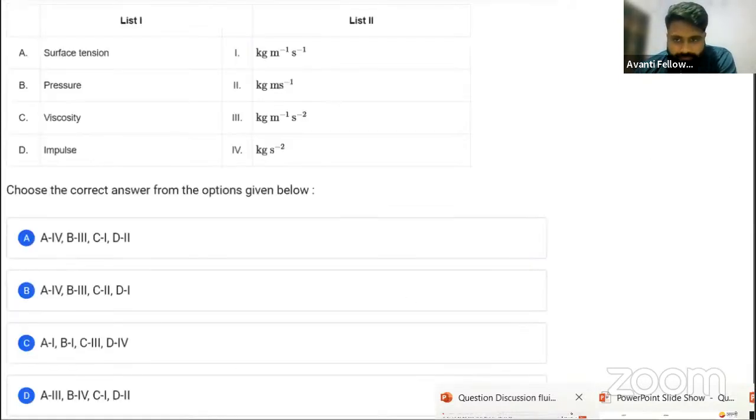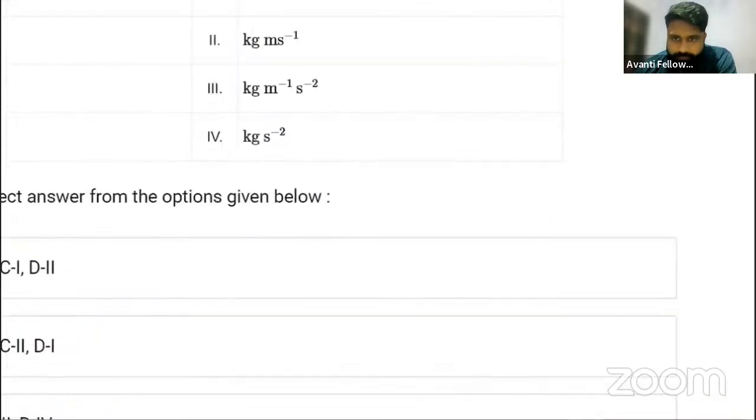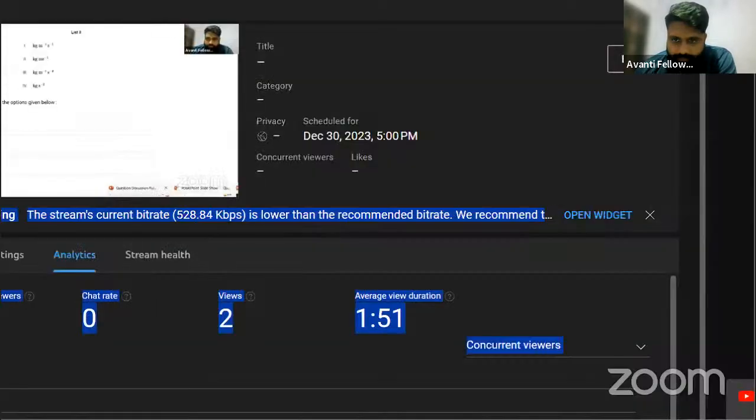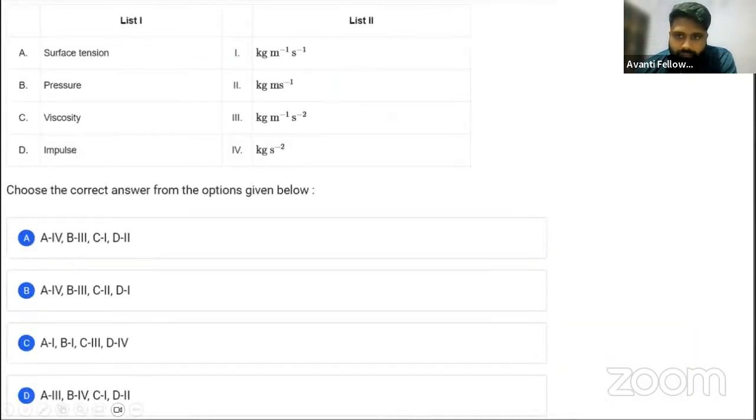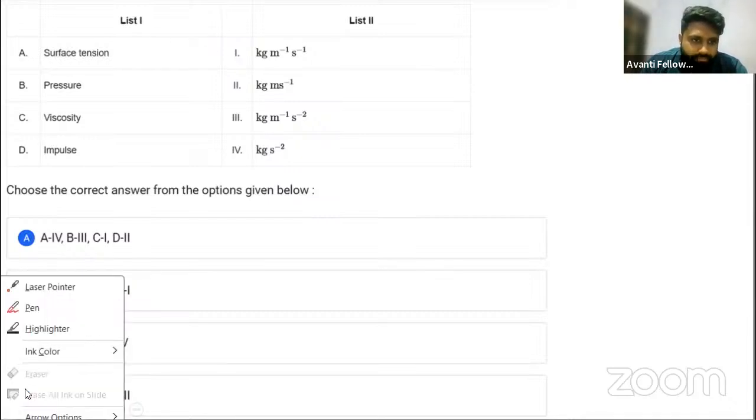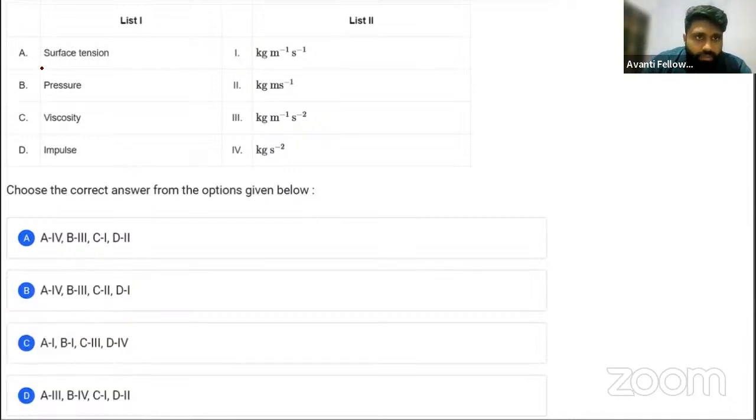So try to attempt this question. The first option, option A, is surface tension.